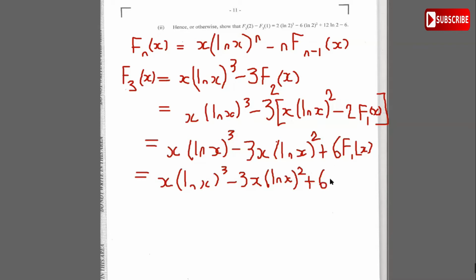Now we're putting in n as 1. f1(x) is x (ln x) to the 1, so it's x times ln x, minus, with n as 1, 1 times f naught. So 1 minus 1 is f naught, so it's minus f naught.